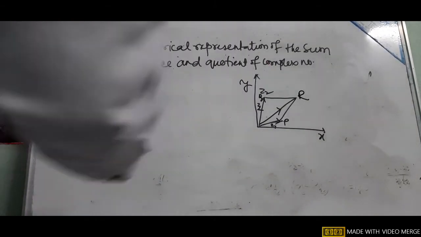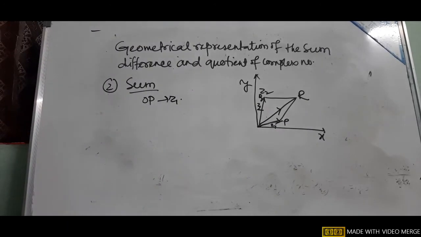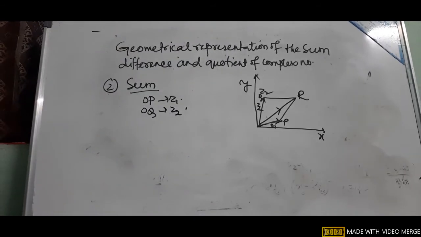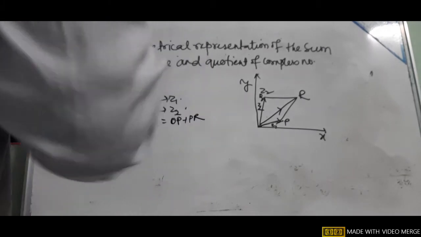So this line OP represents the z1 complex number, and OQ represents z2 complex number. So OR is equal to, by this parallelogram, if you take these two complex numbers as the two sides of the parallelogram, OR equals OP plus PR, and PR equals OQ.